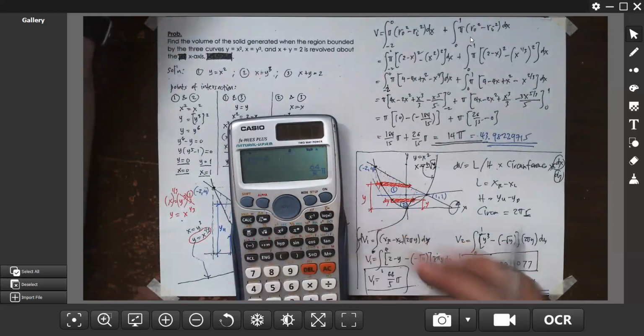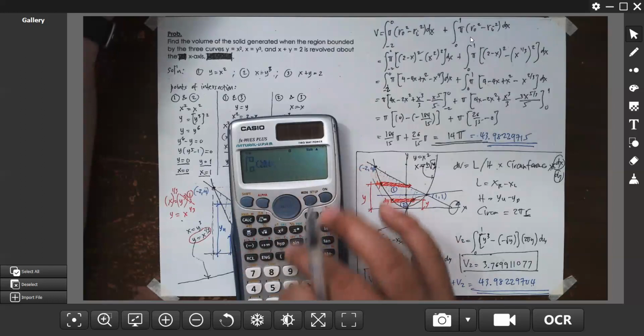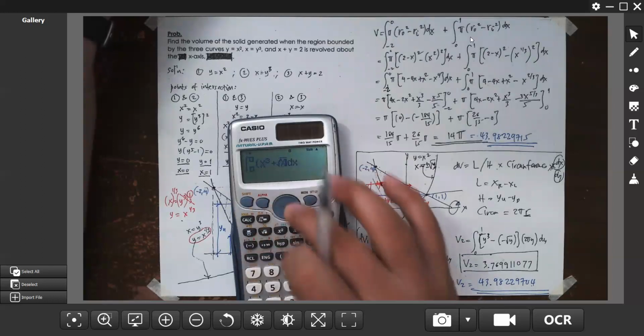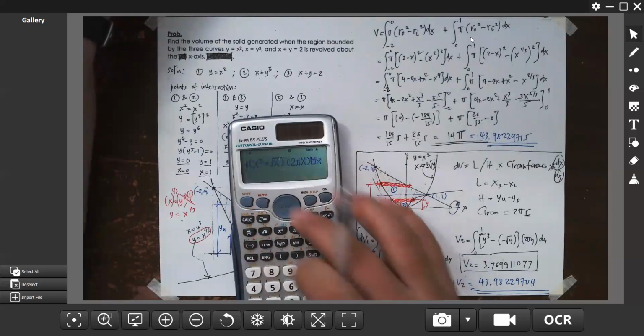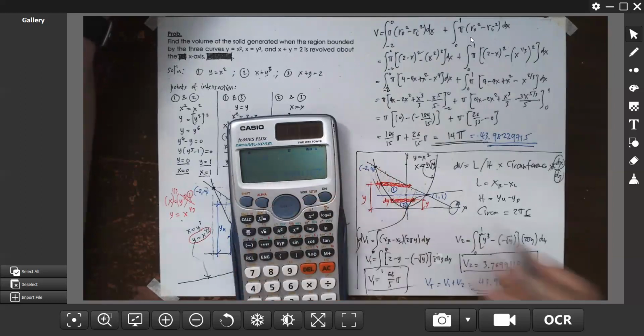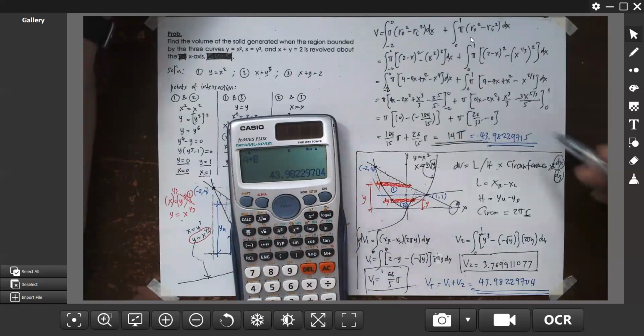Let's save this one as A. And then integral of x cube plus square root of x times 2 pi x from 0 to 1. That's 7691170. Save as B. So A plus B, the same again.